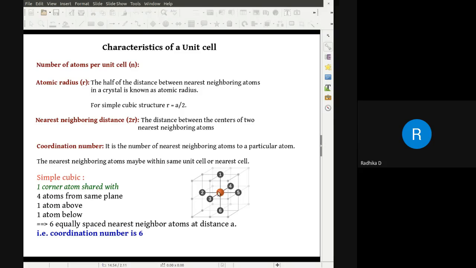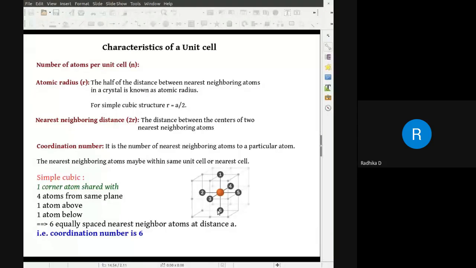First one is the one directly above, and then there is one to the left hand side, one to the right hand side, one to the front, one to the back, and one to the bottom. So one on the top, left, right, front, back, and bottom. So totally 6.